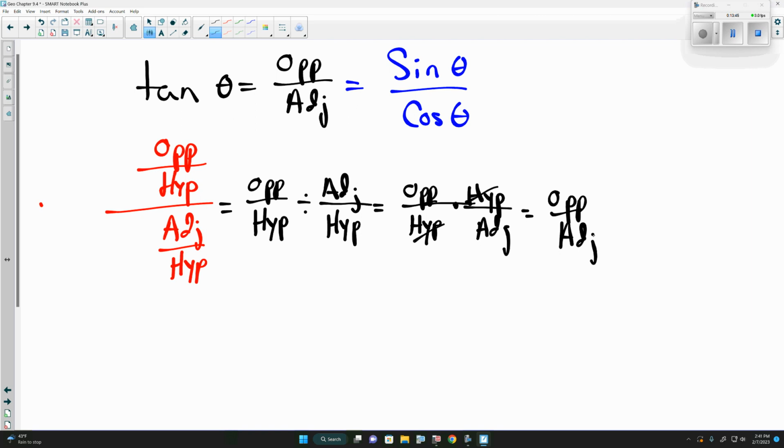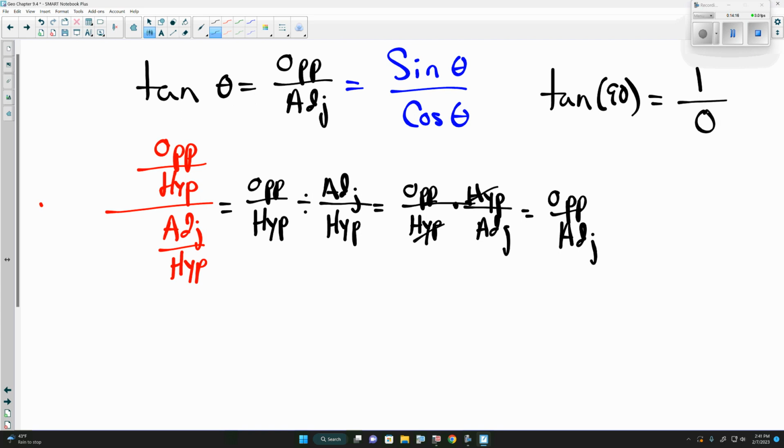I'm doing all this really to show you that when we said tangent of 90 degrees gave us an error, it's the same as what? Sine over cosine. Sine of 90 degrees is 1, cosine of 90 is 0, and we can't divide by 0, so tangent at 90 degrees does not have a value. So there are some values that tangent doesn't actually have a value for, and it's odd multiples of 90.